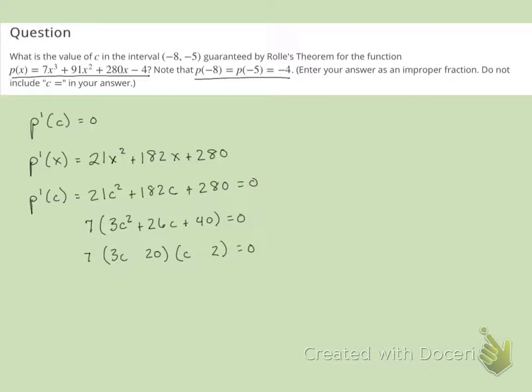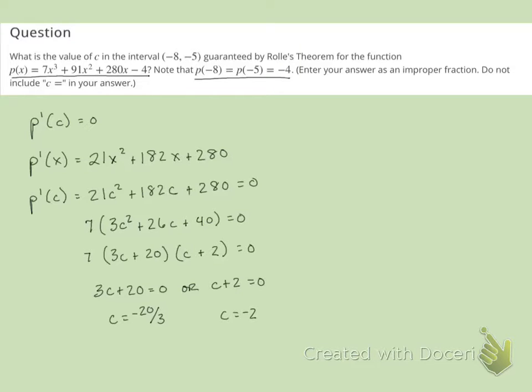That'll give us a 20c and a 6c, which will give us 26c in the middle. And we've got this factored, which means that 3c plus 20 will equal 0, or c plus 2 will equal 0. Over here on the left, if we subtract the 20 and divide by 3, we'll have c equal to negative 20 over 3. And here we have c equal to negative 2.